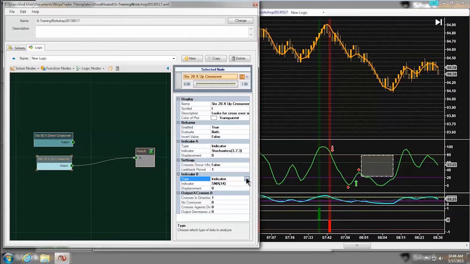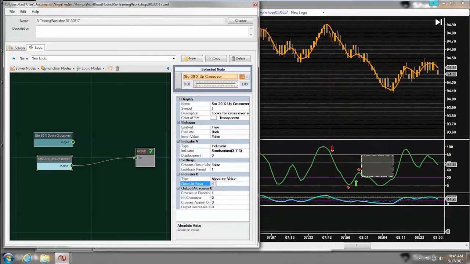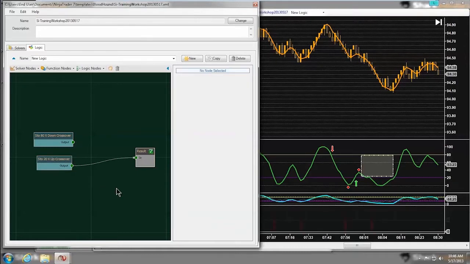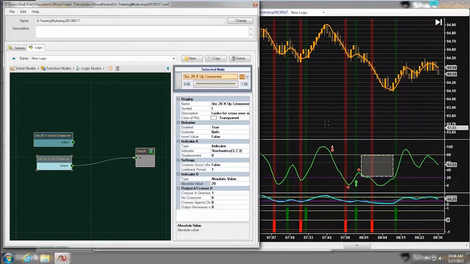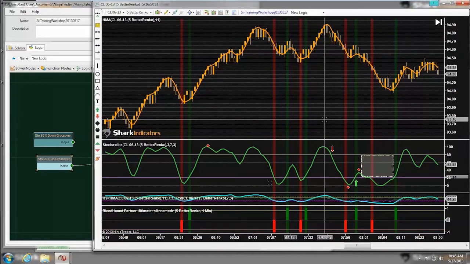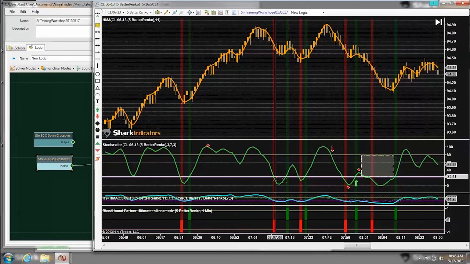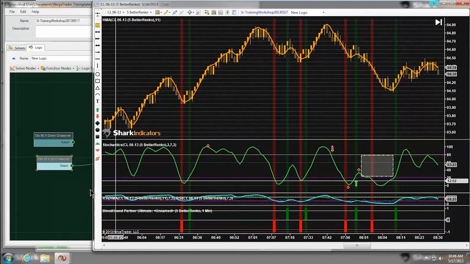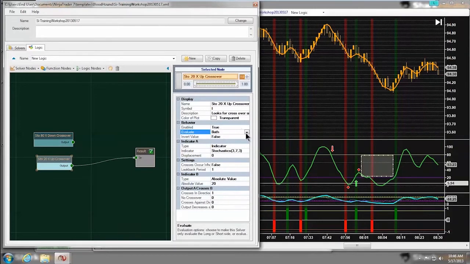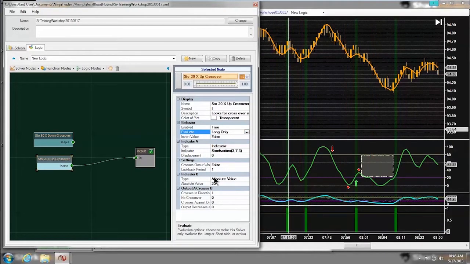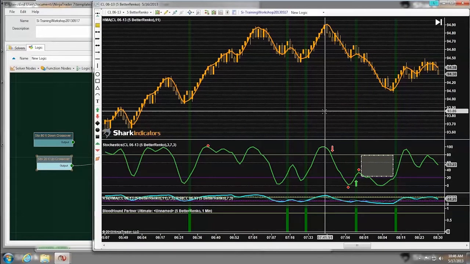And I need to set this to an absolute value as well. This will be looking to cross the 20 threshold value. And there we go. So there's our crosses down and crosses up. So I need to remove the short cross downs. So I'll set the evaluate to longs only. Okay, great.